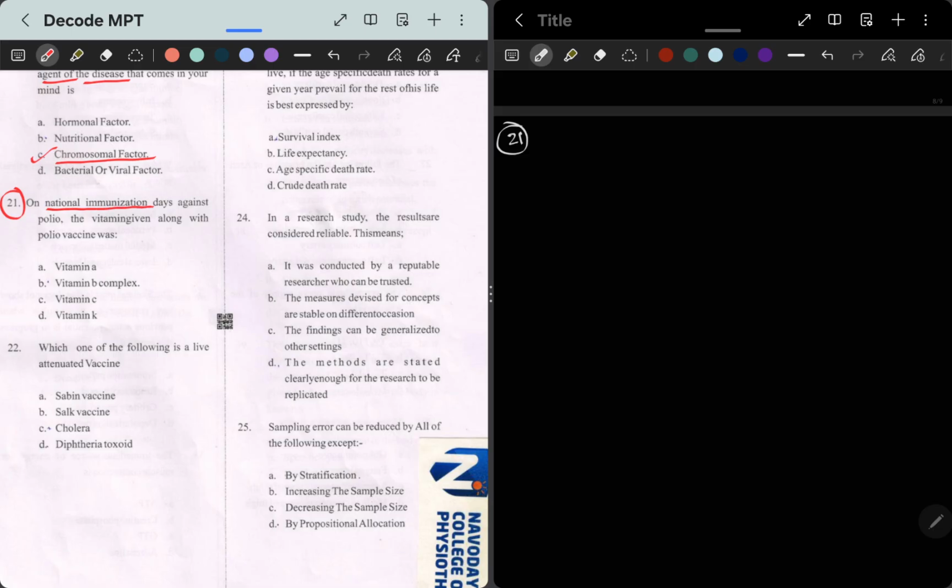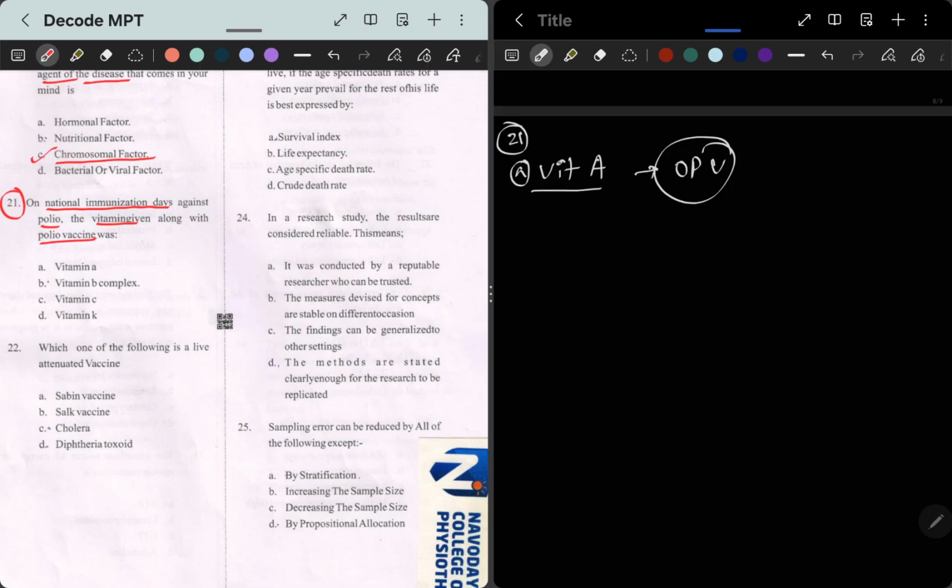You know the correct answer will be vitamin A. During many public health immunization campaigns, vitamin A supplementation is given along with the OPV, oral polio vaccine.